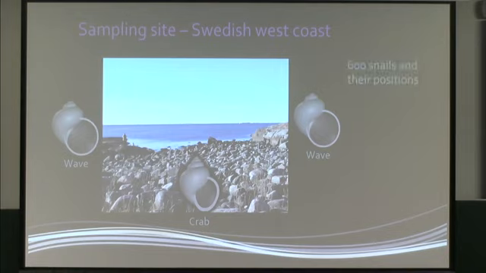And approximately 600 snails were collected here, and their position along the shore was recorded. So each snail was photographed and landmarked, and there was also some other biological analysis on all of them. Some traits for the animal that actually lives inside, for example. And of course, some genetics.